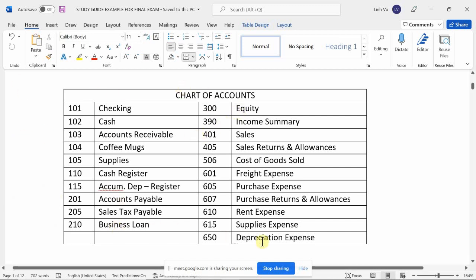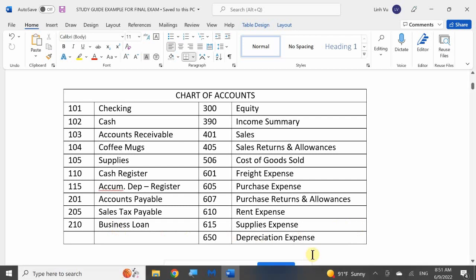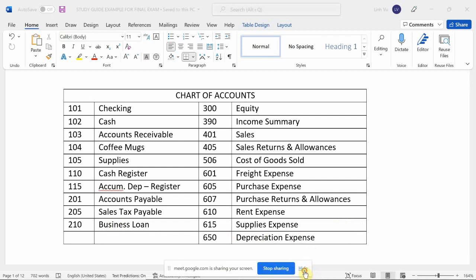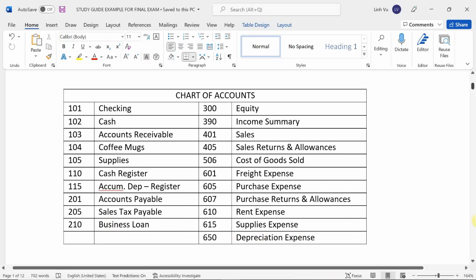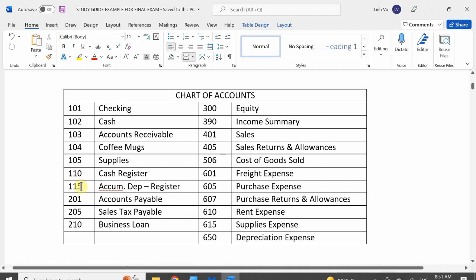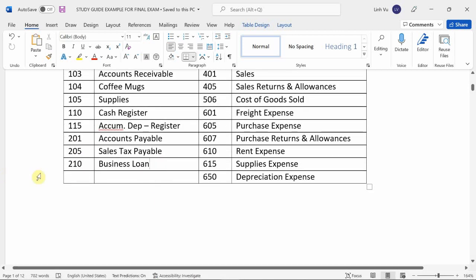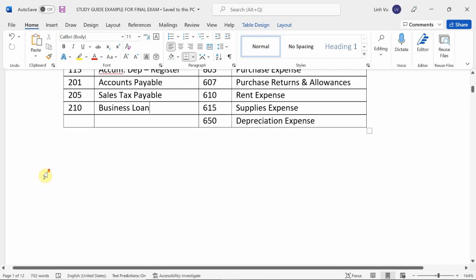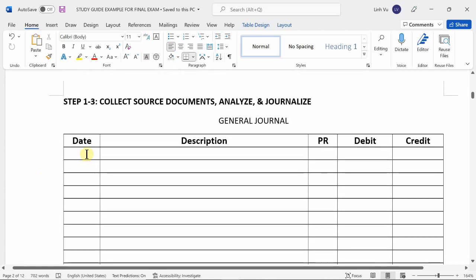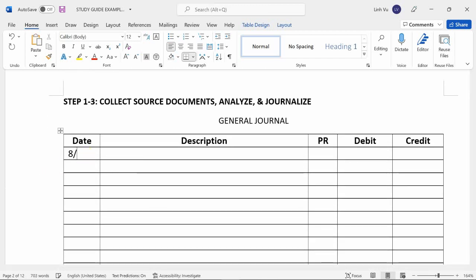I borrowed money from the bank. All right, so let's see. Is there anything that looks like a loan? Right here, business loan 210. Okay? And it is August 1st.